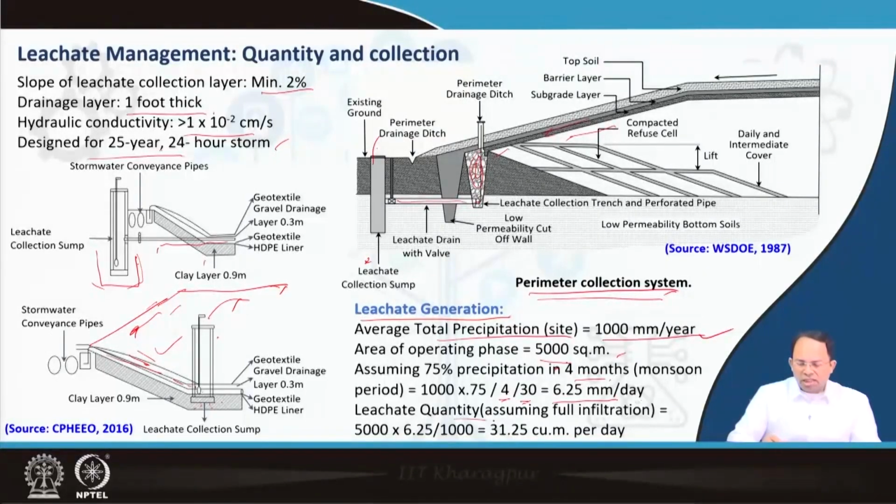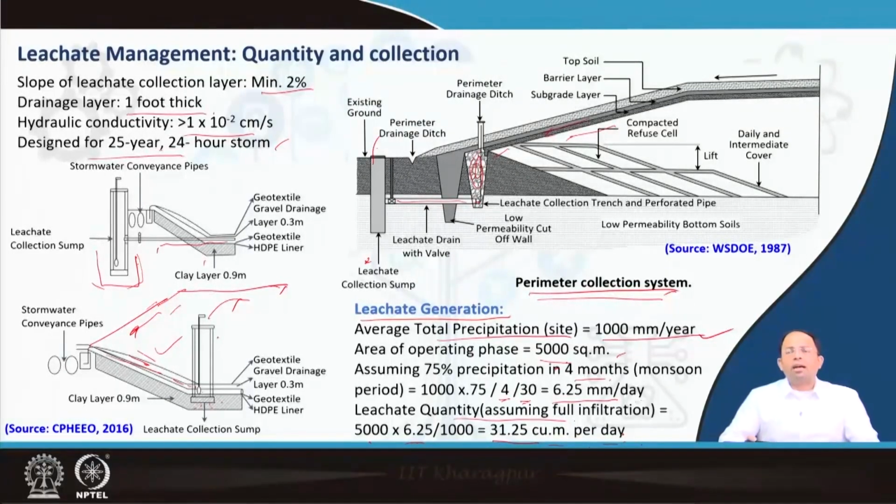So that means the total leachate quantity is 5000 multiplied by 6.25 divided by 1000. We divide the 6.25 millimeter by 1000 to make it meter, so it becomes 31.25 cubic meter of leachate collected per day.